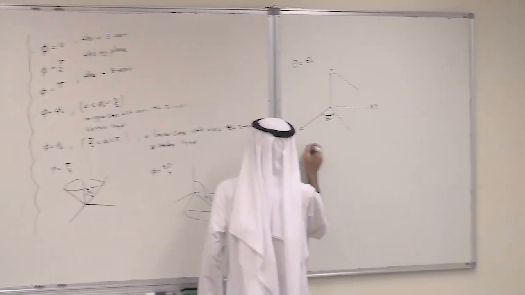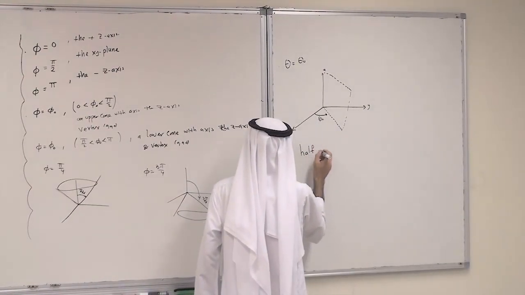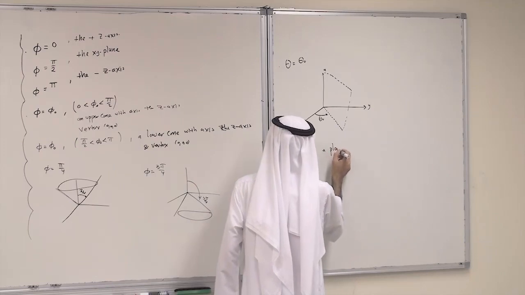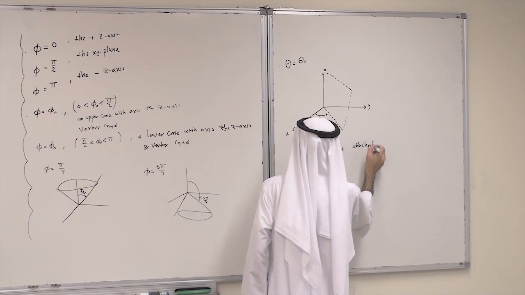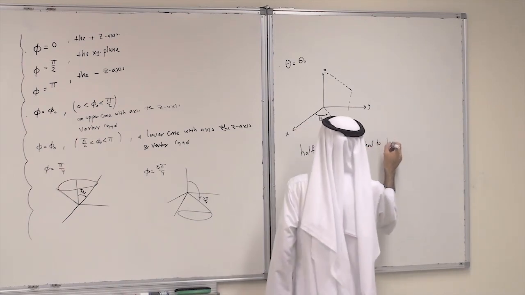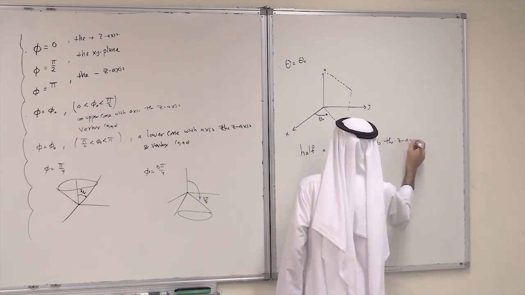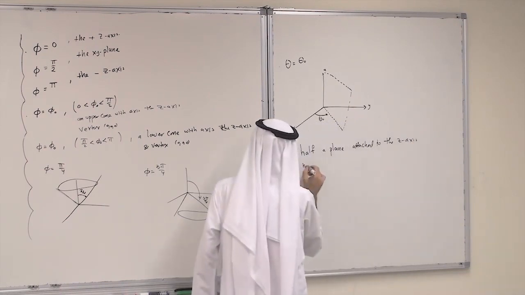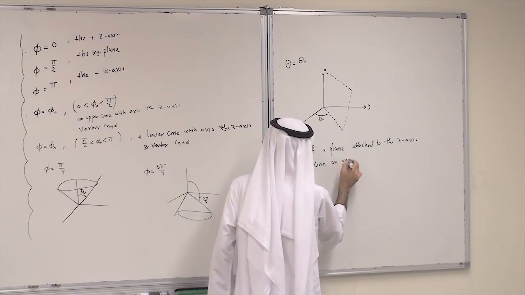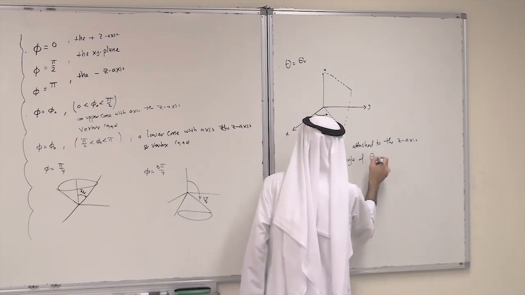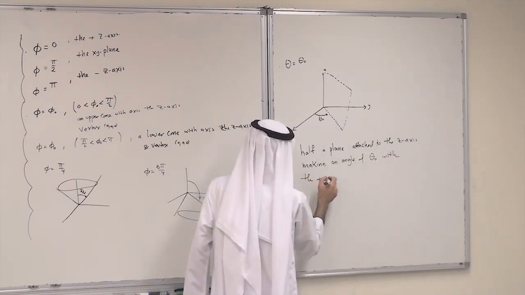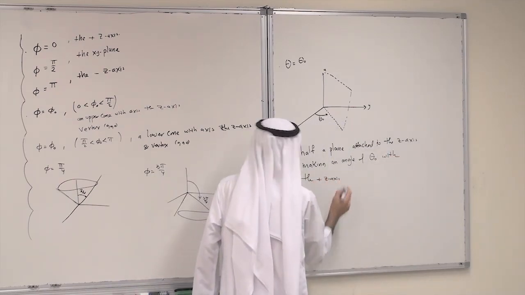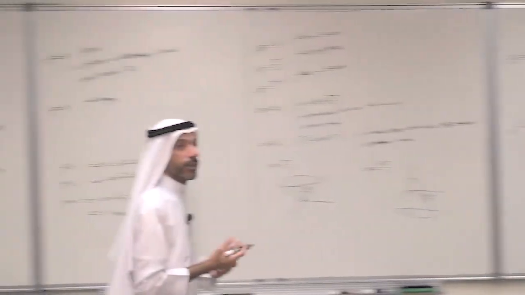So this is half a plane attached to the z-axis, making an angle of theta 0 with the positive x-axis. This is the graph of theta equals theta 0.